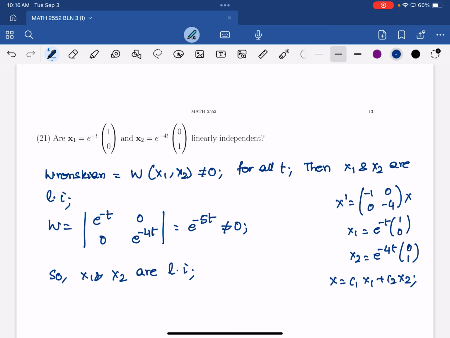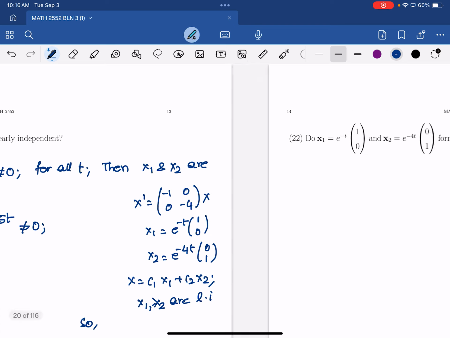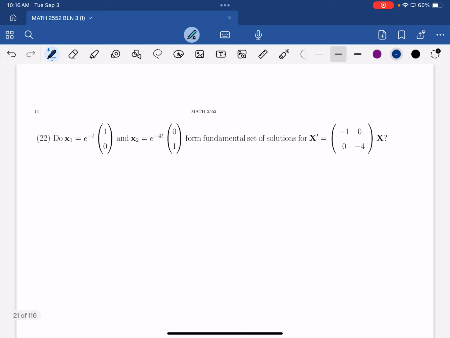And I also know that x1 and x2 are linearly independent. So what can I say? One general name is, x1 and x2 form a fundamental set. One, x1 and x2 are solutions of x prime equals Ax.